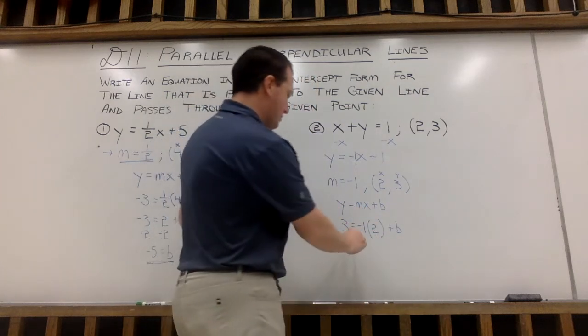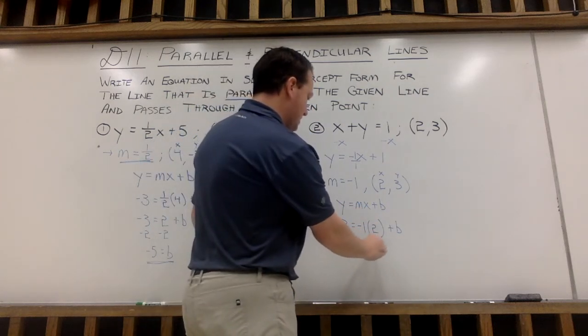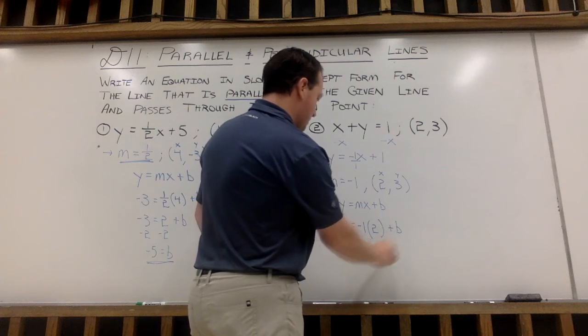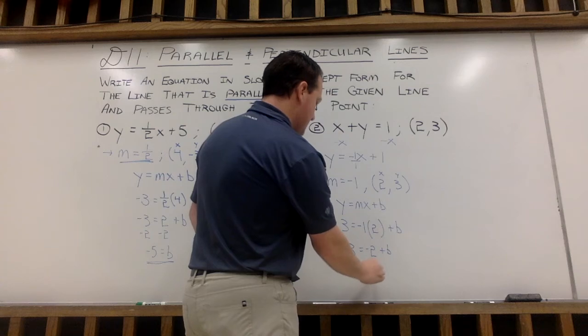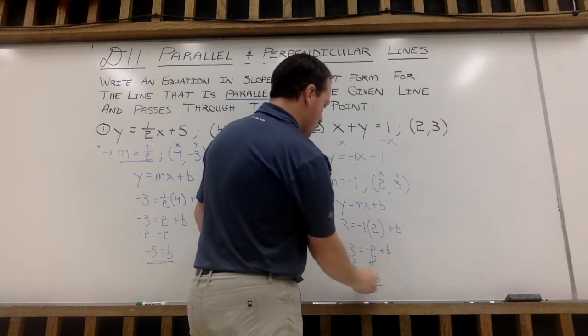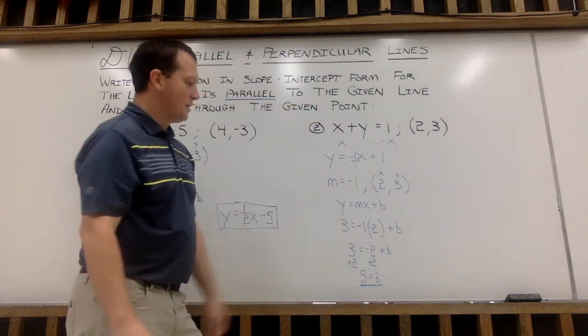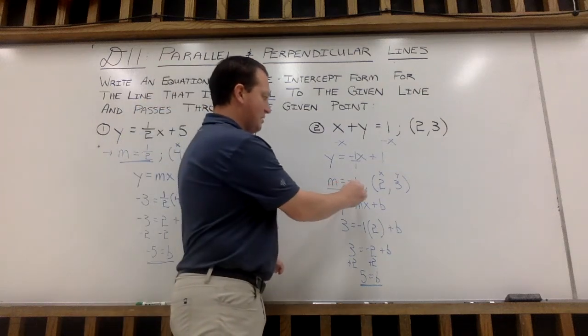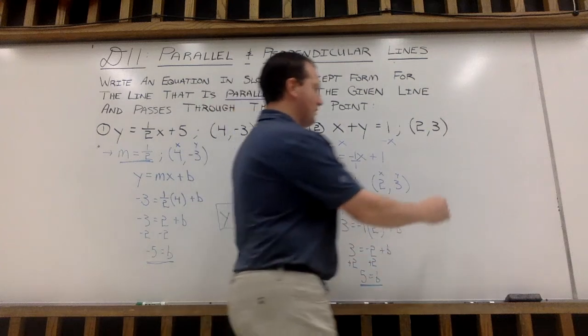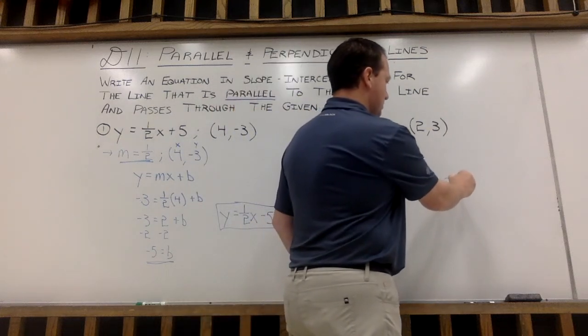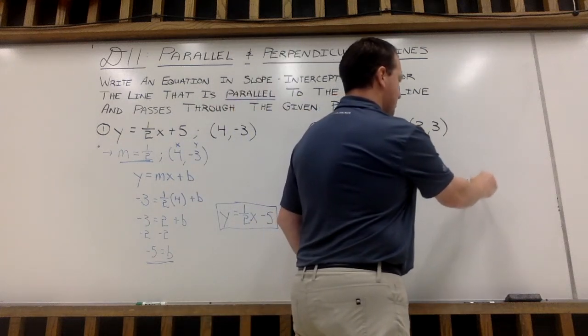Multiplying m and x together, I have 3 equals -2 plus b. Add 2 to both sides, 3 and 2, 5 positive is my y-intercept. So the given equation has to have the same slope, m is -1, and have a y-intercept of +5. So y equals -1x plus 5.